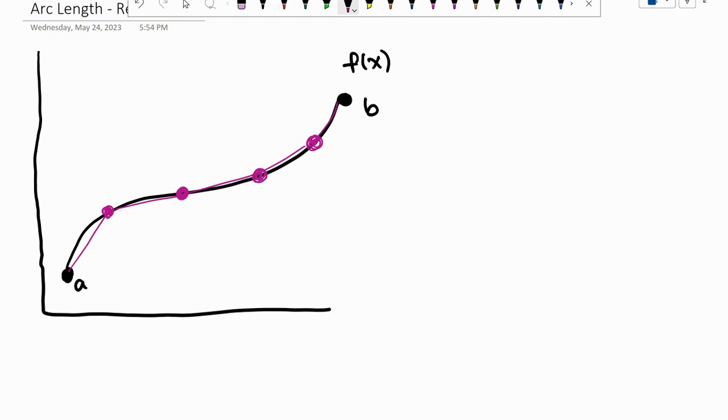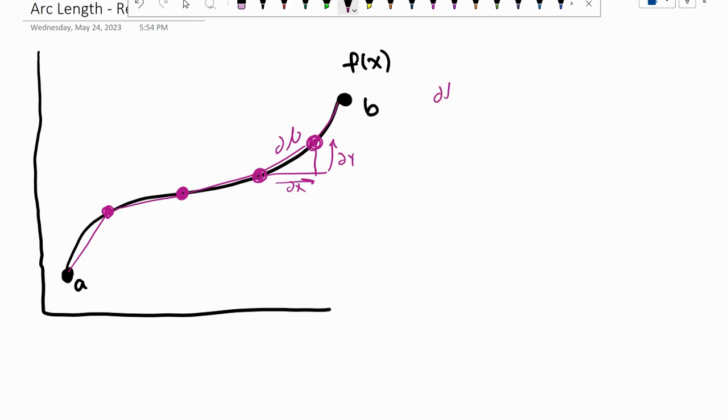But how do we find the length of each of these using the Pythagorean theorem? Well, let's take this one. Let's call the length of this dl. The amount it moved in the x direction is dx, and the amount it moved in the y direction is dy.